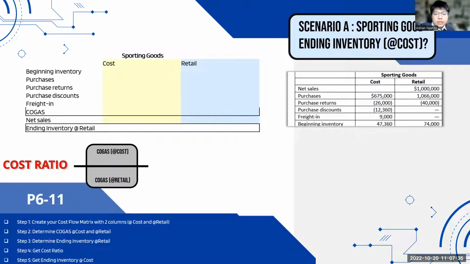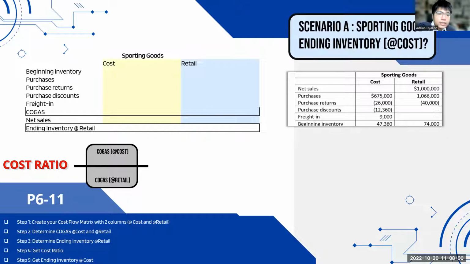5 steps. Step 1, create your cost flow matrix with 2 columns at cost and at retail. So again, super important, you know your cost flow matrix. Beginning inventory, purchases, PRA, PD, freight in, which will comprise your cost of goods purchased. Beginning inventory plus cost of goods purchased will be your cost of goods available for sale.